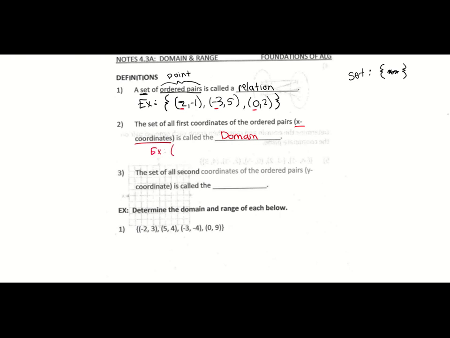So if I look up here, I need a squiggly bracket if I have a set. My domain is 2, -3, and 0. That is my domain. And we could write that equals the domain, D.